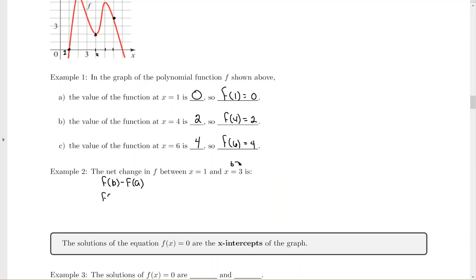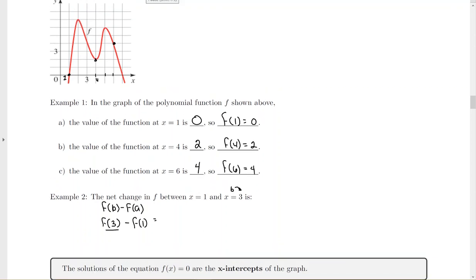So f of 3 minus f of 1. So we go to our graph, find out what f of 3 is. 2, 3, 4. F of 1, we already said, was 0. So the net change between those two x values is just the number 4.